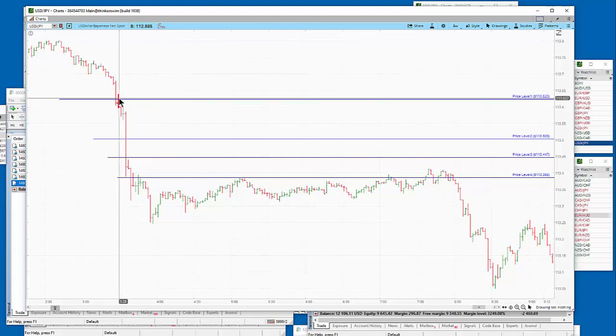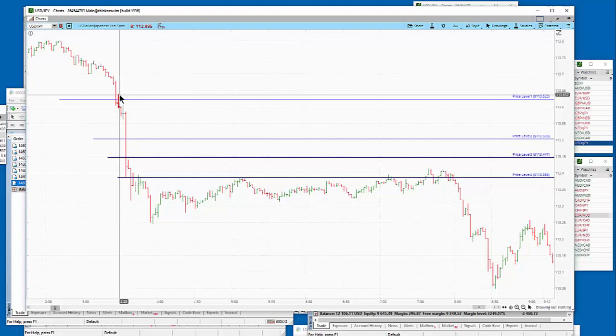Now, what happened after the trade entered? Well, the price did go up a bit, right? Let's see how far it went up. The trade entered at 113.624. The high price in the next bar was 113.638.